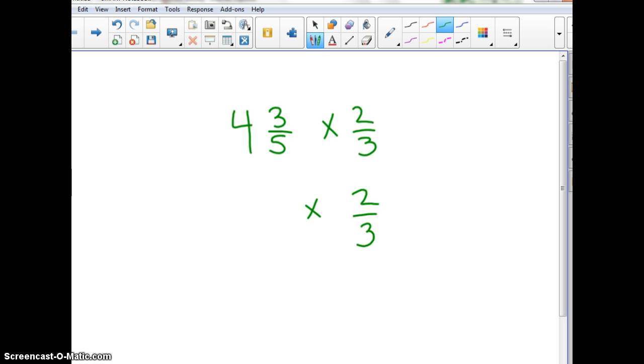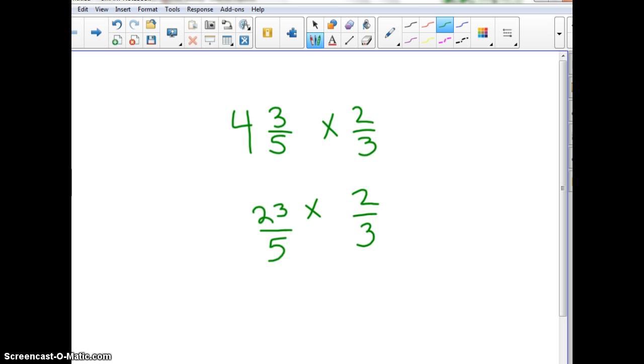But the 4 3/5, can someone help me and put that into an improper fraction? Kaden? 23 over 5. Okay, great. Now, can we cross-check any of these? Is there anything to cross-check, Aiden?